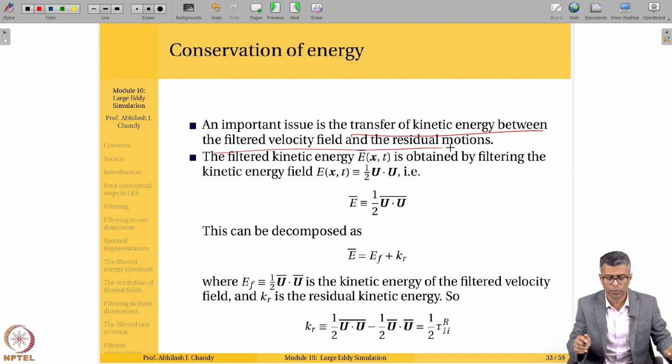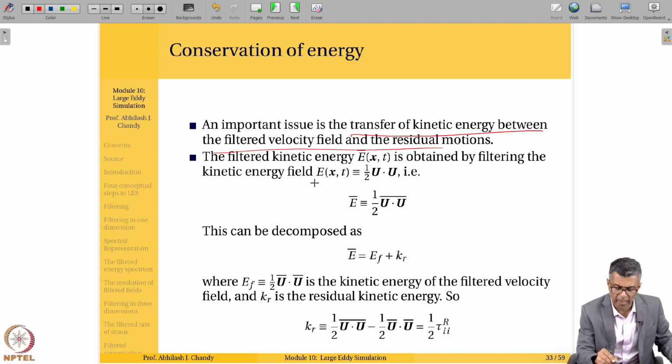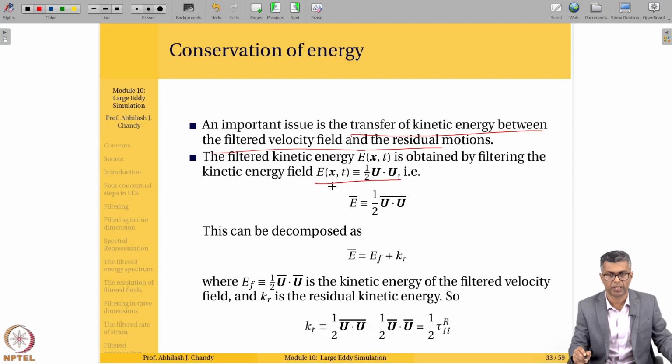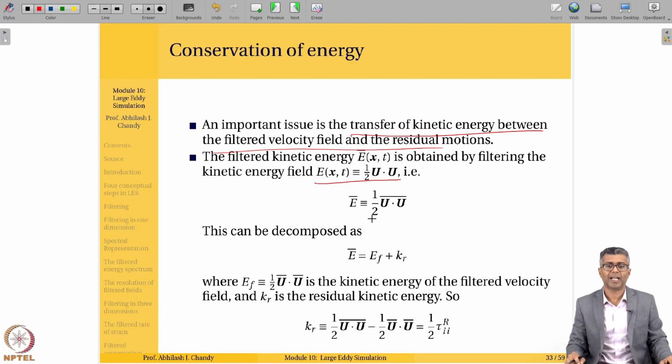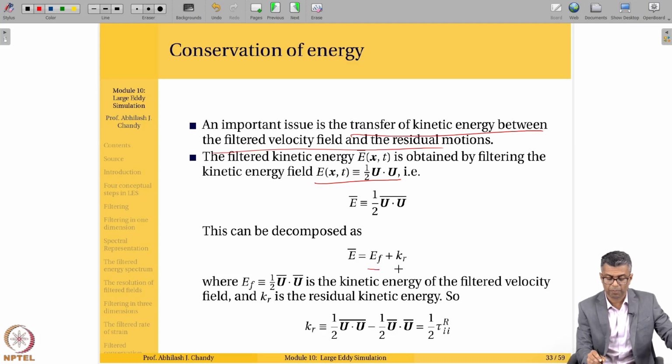If your kinetic energy field is given by E of x,t equal to half u dot u, then your filtered kinetic energy is half u dot u, bar, isn't it? That's your filtered kinetic energy. Now let's say I split the filtered kinetic energy into two: EF plus KR.